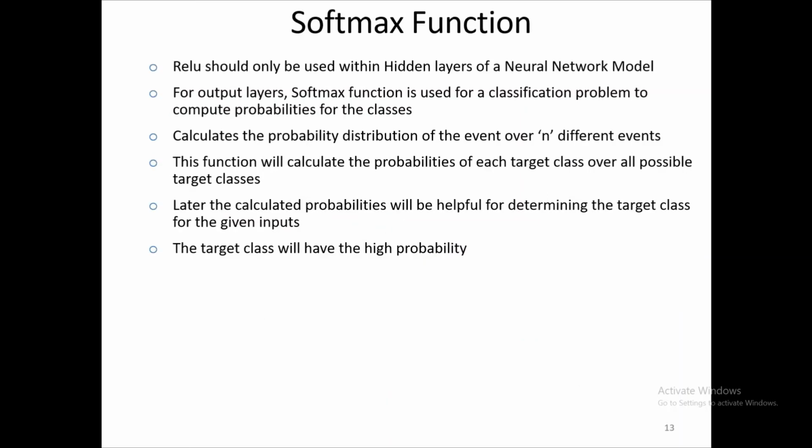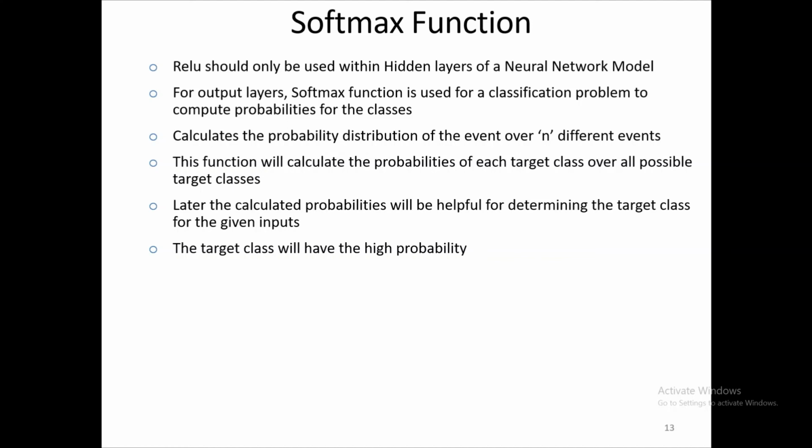And another most widely used activation function is the softmax function. As we saw, ReLU should be used only within the hidden layers of the neural network model, and for the output layers, the softmax function is used for classification problems to compute the probabilities of the classes.